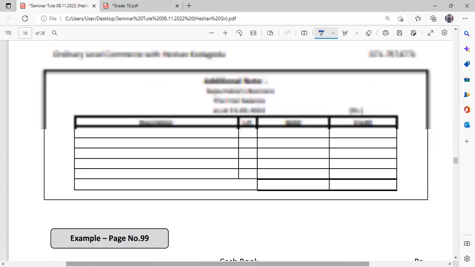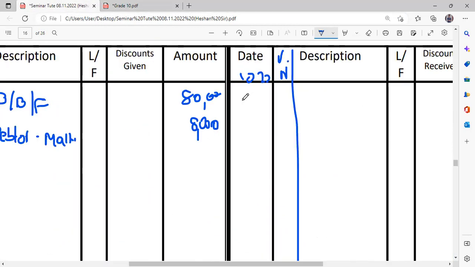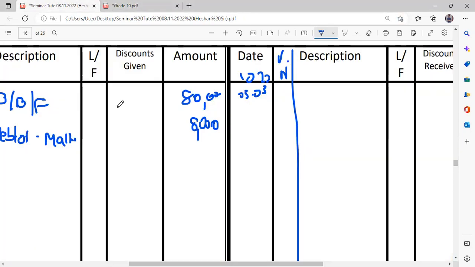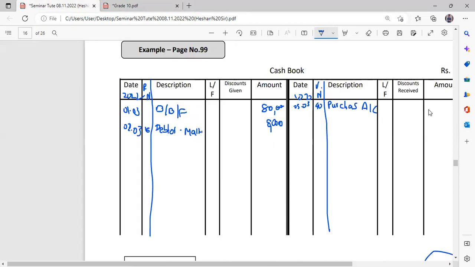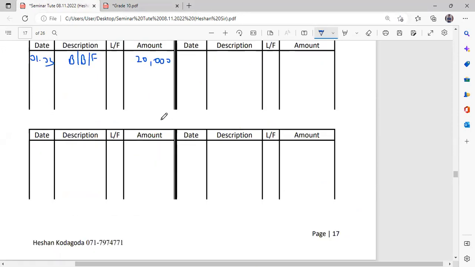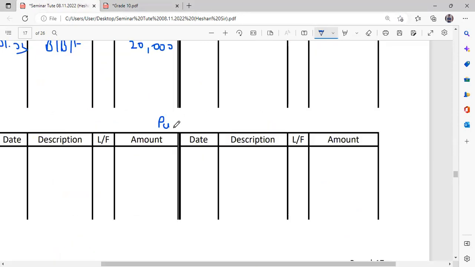On March 5th, the payment voucher number is 40, purchase account, amount 35,000, not in the discount received column. So you need to open a new account called purchase account.